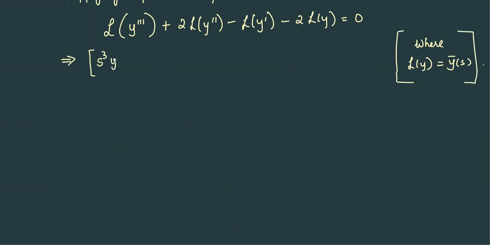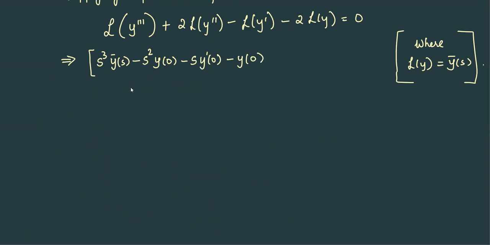So y bar of s minus, no, sorry, the first one is y of 0. Second one is s into y dash 0, minus 1 into y of 0.